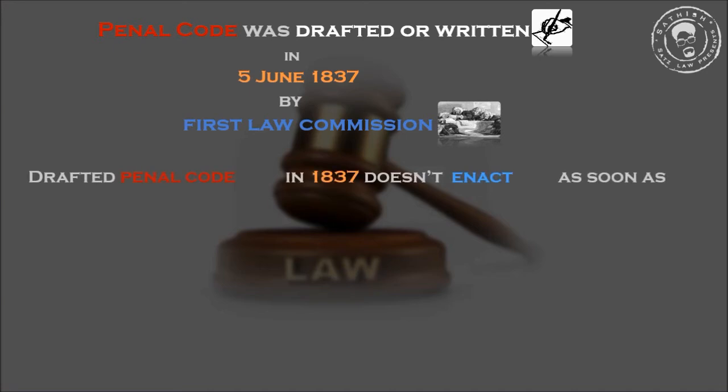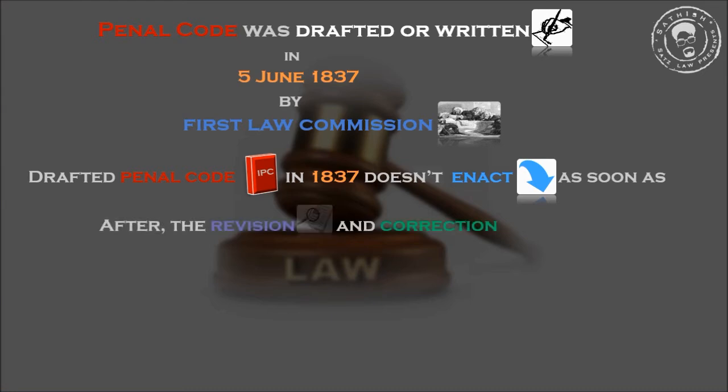But the Penal Code drafted in 1837 was not enacted immediately, due to the non-standard judicial system in India and many jurisprudential controversies that arose. Because of these problems, the draft was not enacted at that time.